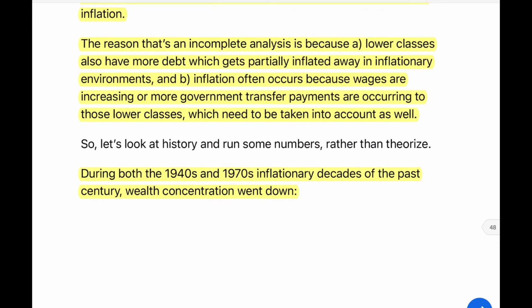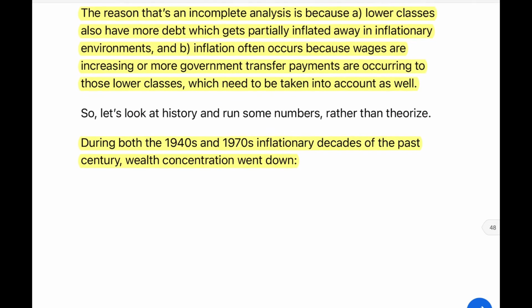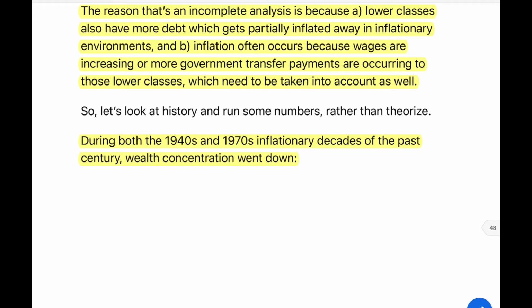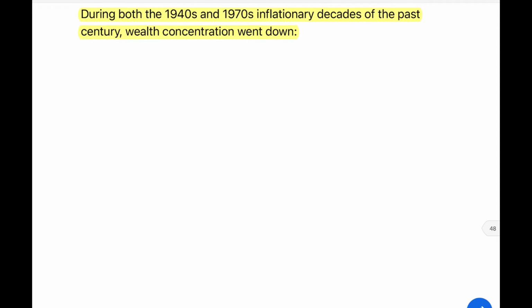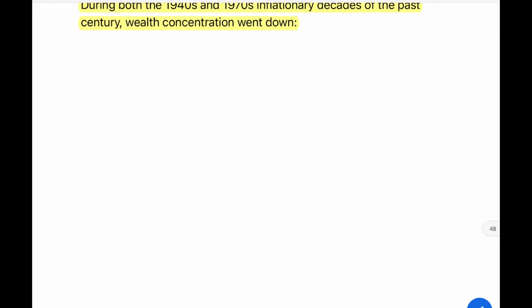The reason that's incomplete analysis is because A, lower classes also have more debt, which partially gets inflated away in inflationary environments, and B, inflation often occurs because wages are increasing and more government transfer payments are occurring to those in the lower classes, which needs to be taken into account as well. During both the 1940s and 1970s inflationary decades of the past century, wealth concentration went down.